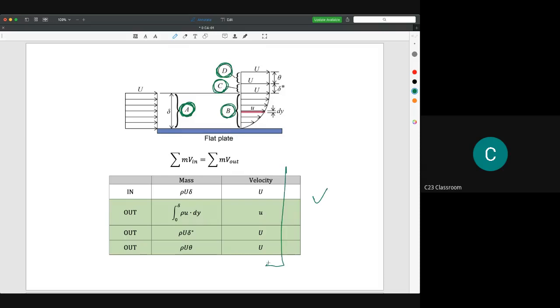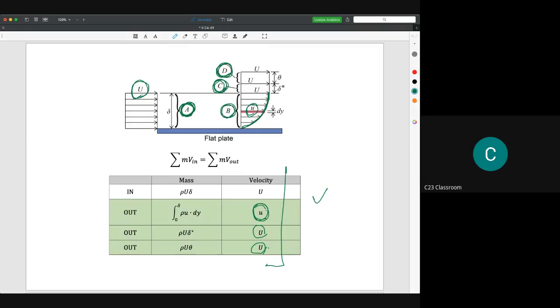The velocity for the inlet here is capital U, and the velocity for the areas C and D here is also capital U. And then for the velocity distribution here, it is the local velocity, which is the small u.